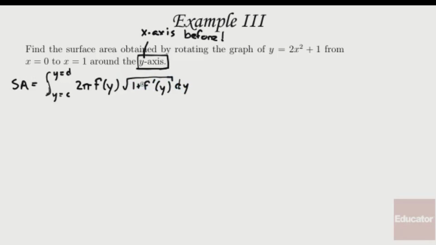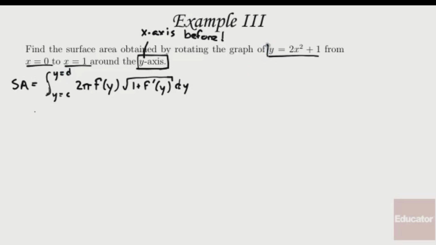So that means we need to convert everything here into functions in terms of y, including our function and the limits, because we were given this as if y were a function of x. Instead, we need to convert everything into x as a function of y. So let's go ahead and convert that.